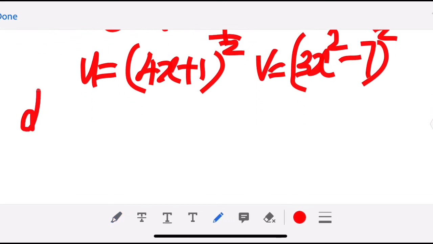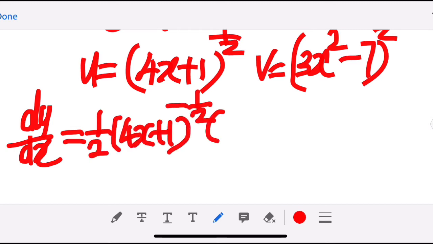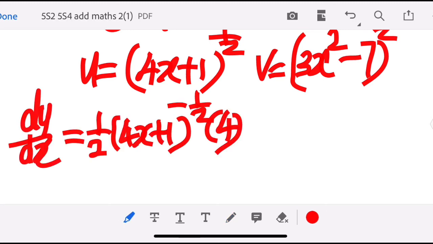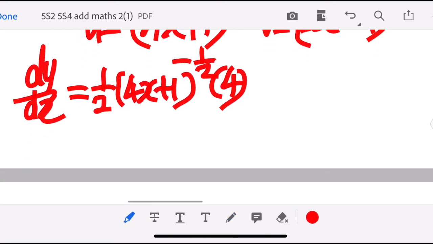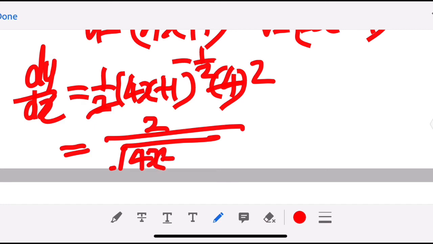So du/dx, we will get 1 over 2 times (4x plus 1) to the negative half, times 4. Let's simplify further. The 2 cancels out, so you will get 2 over the square root of 4x plus 1.